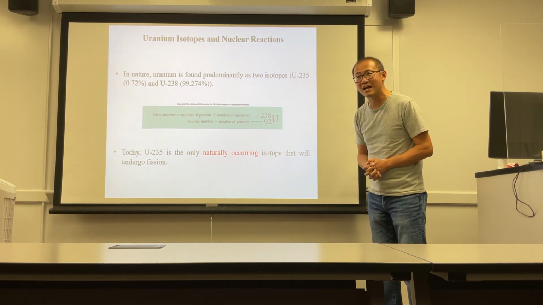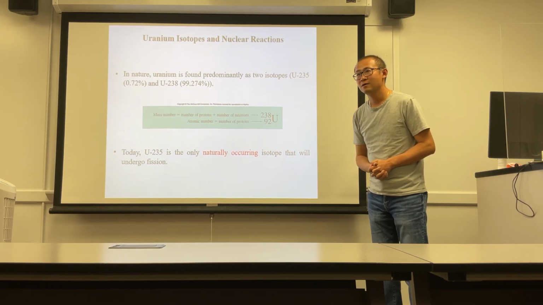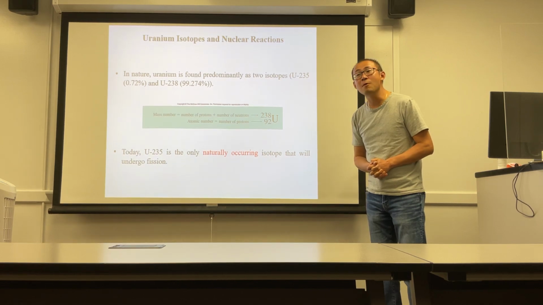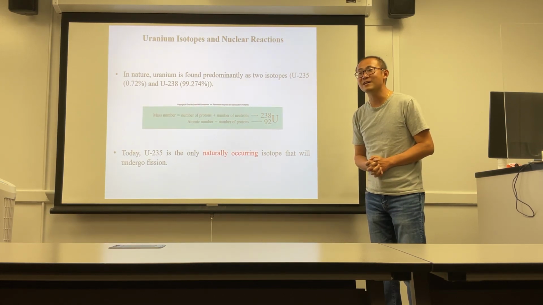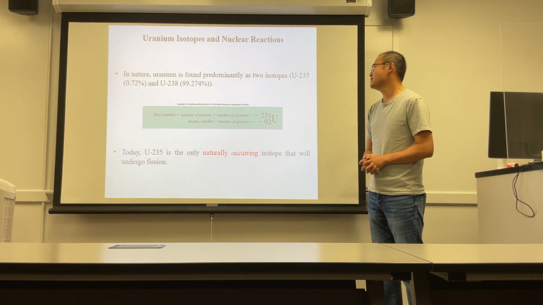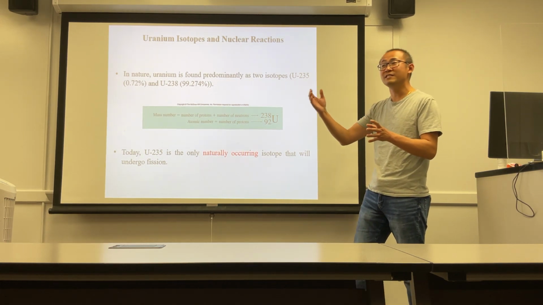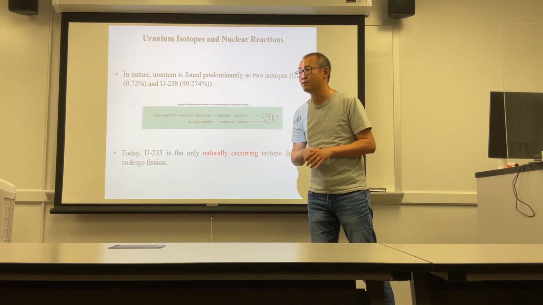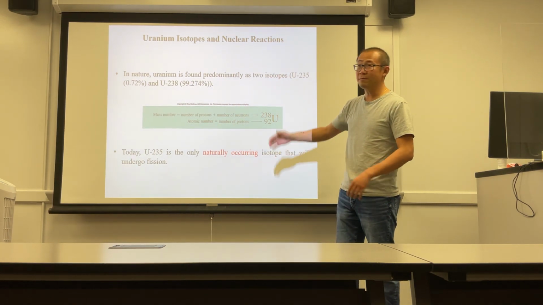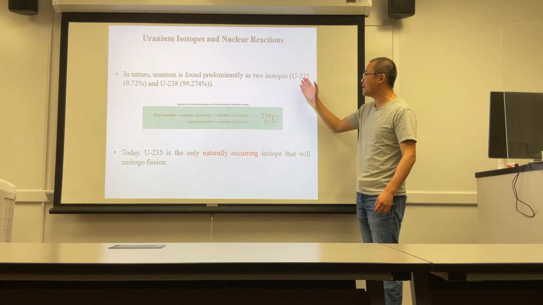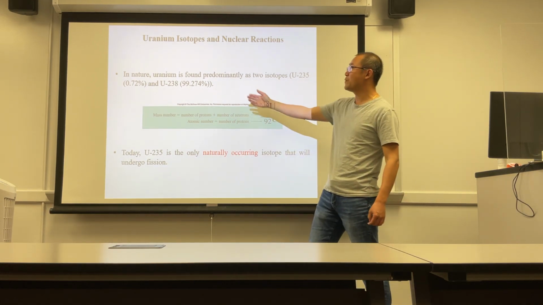Okay, what are isotopes, guys? We studied in early chapters. What are isotopes? Different variations. Same number of protons, different number of neutrons. Okay, neutrons. Very good. Because they have different number of neutrons, they have different what? Mass number, right? Uranium is found in 2 isotopes, uranium-235 and uranium-238.